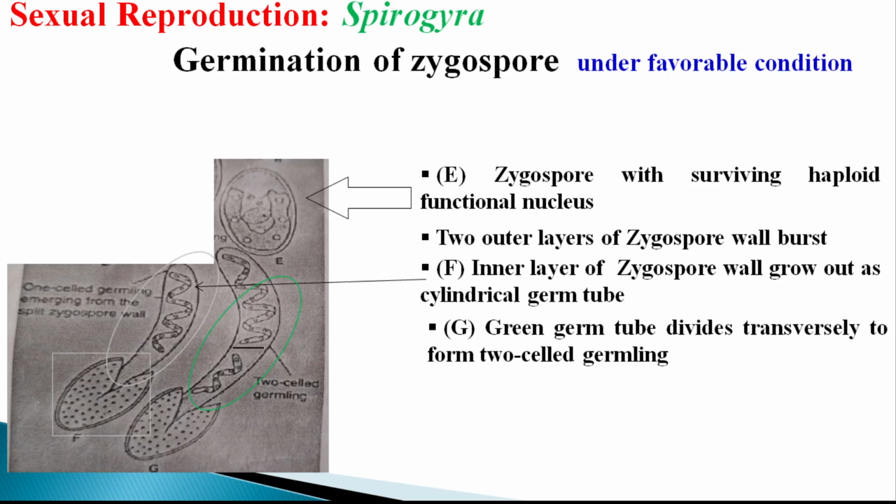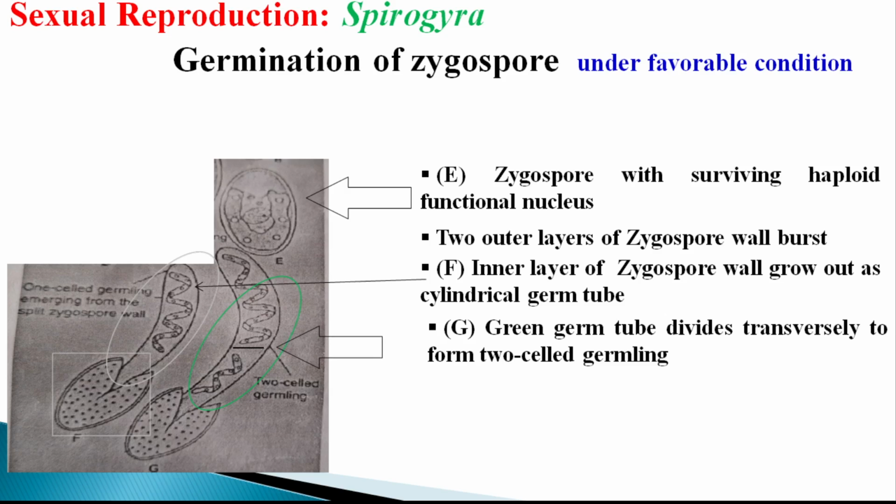The uppermost cell is green, and it divides repeatedly to form a new filament.